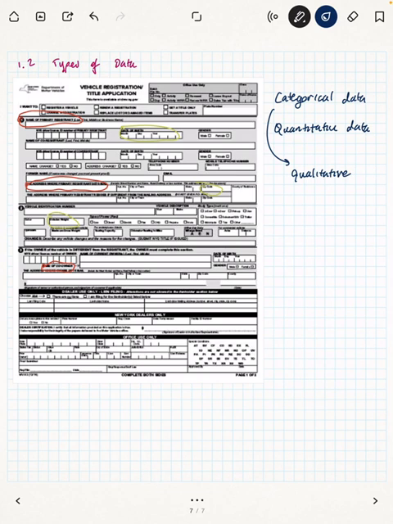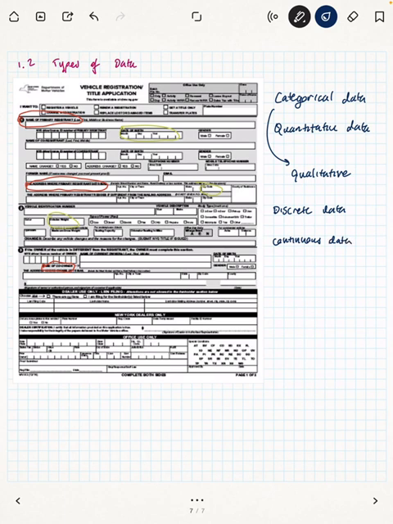So you either have categorical data or quantitative data. Once you think about that, now for quantitative data, there are two subtypes. You have discrete data or continuous data.